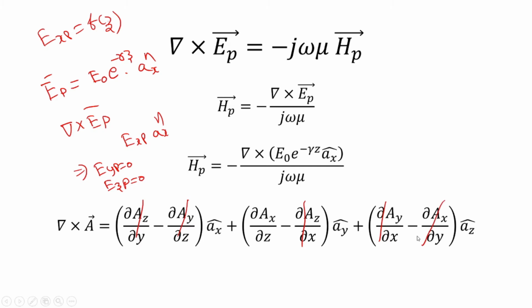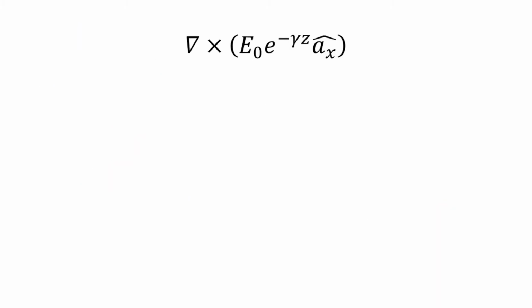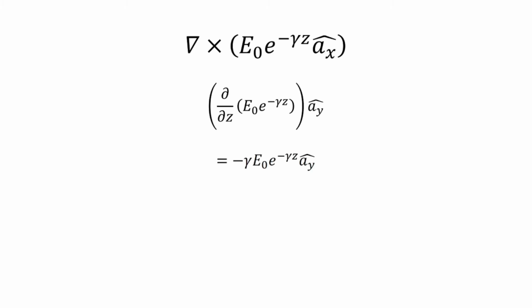Therefore, this would also be eliminated, because the curl of E naught exponential of minus gamma z has been limited to dou by dou z of E naught exponential of minus gamma z along the direction of ay cap. And if I differentiate this with respect to z, I would get minus gamma E naught times exponential of minus gamma z along the direction of ay cap. That is the value of curl.